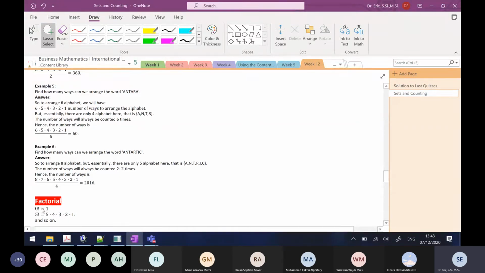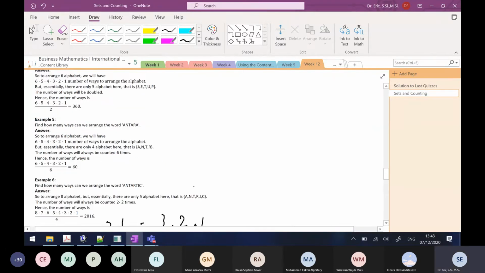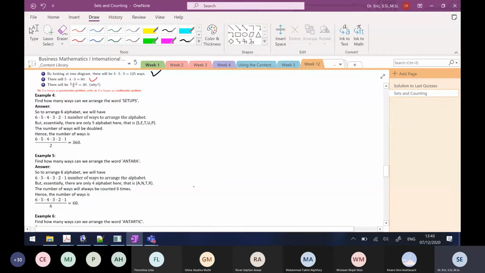And 0 factorial is defined as 1. This is just a definition, so that it can be the same formula for all. If you have 3 factorial, this is 3 times 2 times 1.